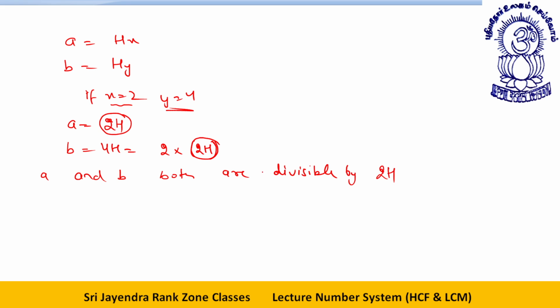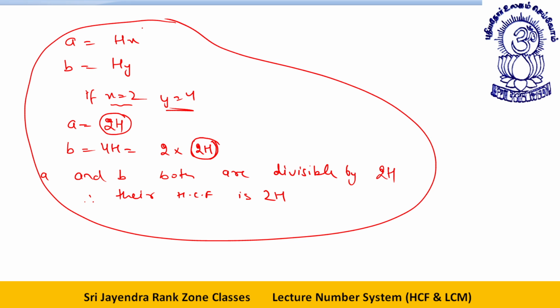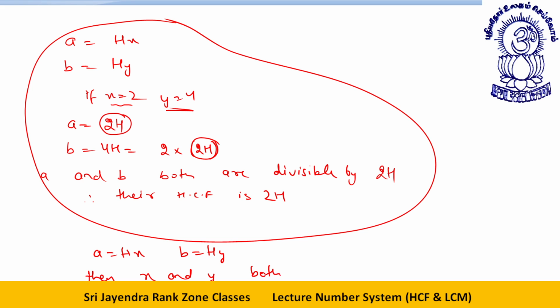So in that case, their HCF won't be H, it will be 2H. So this is contradictory. So from here I can say that if A is equal to HX, B is equal to HY, then X and Y both are co-prime to each other.